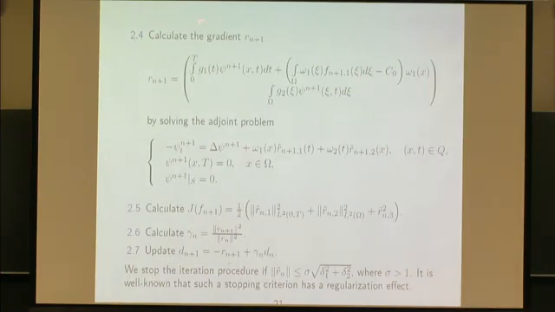So this is what happens at the next step, n plus 1. In that case, we have the previous quantities as calculated, and also we need to solve again the adjoint problem. At each iteration in general, we only need to solve a direct and an adjoint problem. So the procedure is quite rapid and fast.